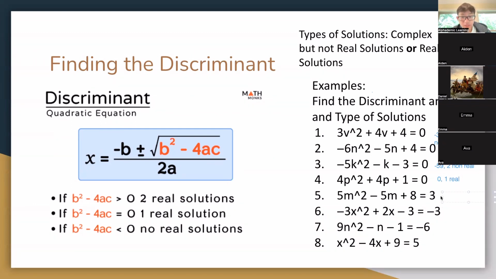Number 5 would be negative 75, 2 complex solutions or non-real solutions. Number 6, we would have 4 with 2 real solutions. Number 7, negative 179 with 2 complex solutions or not real solutions. And lastly, for number 8, we would have 0 and 1 real solution.